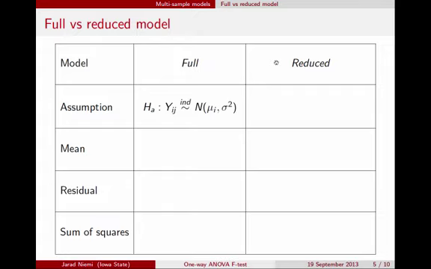So let's get an example. Here the full model is the model that we write down in the alternative hypothesis. The observations are independent and normally distributed, but each mean is different and depends on the group membership. In this full model, we're going to estimate each of these means separately, one for each group.